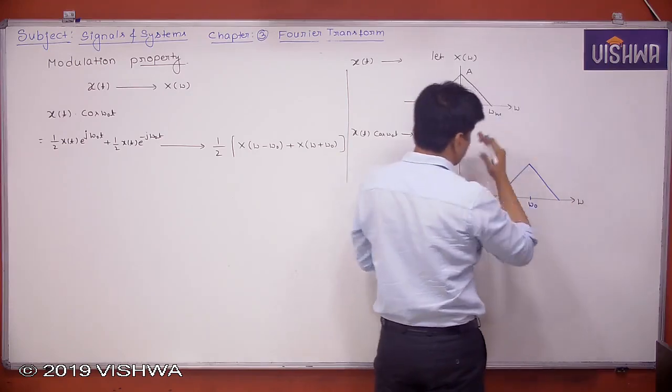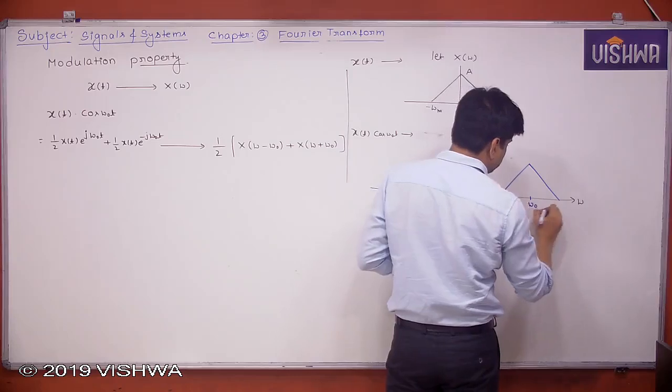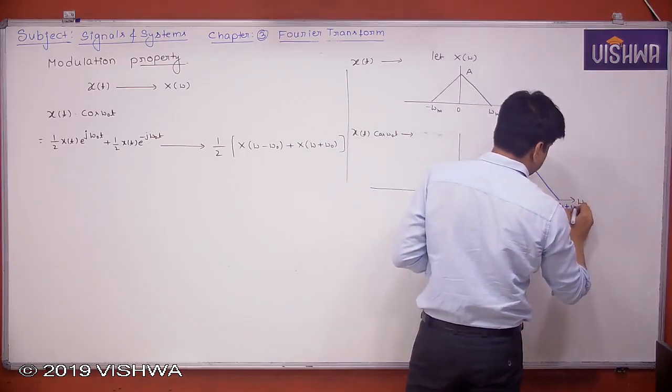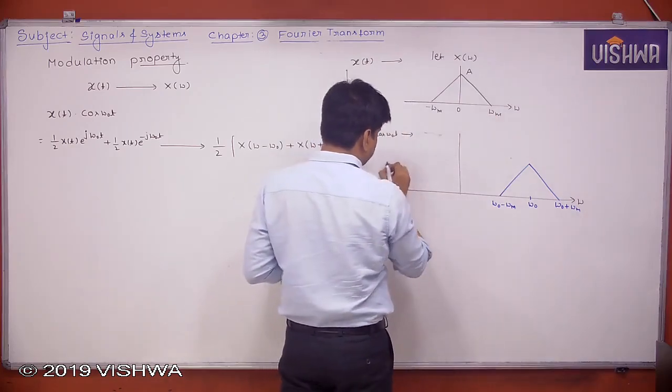It is shifted to omega naught, so it spans omega naught minus omega m to omega naught plus omega m, and it is shifted leftwards also by the same amount.